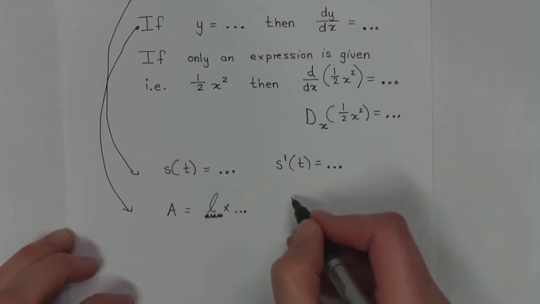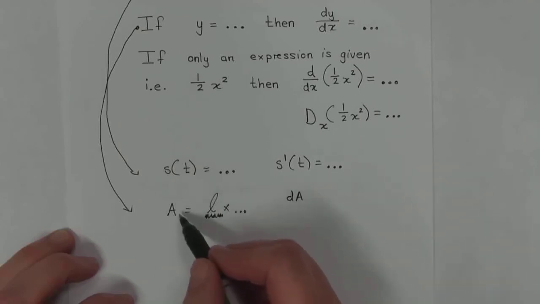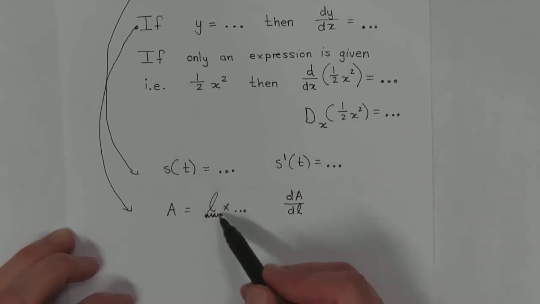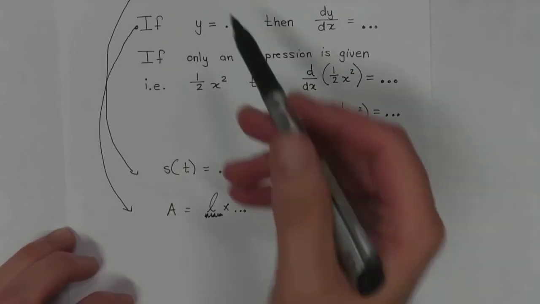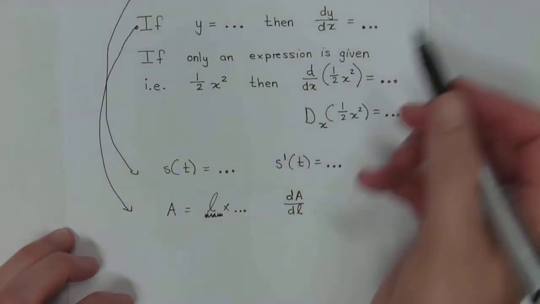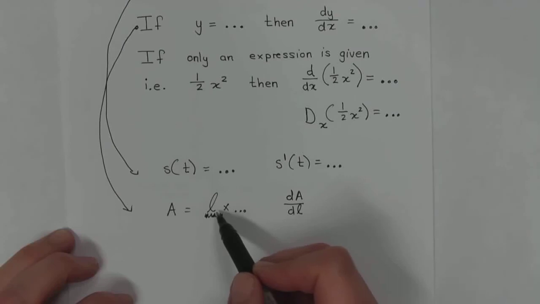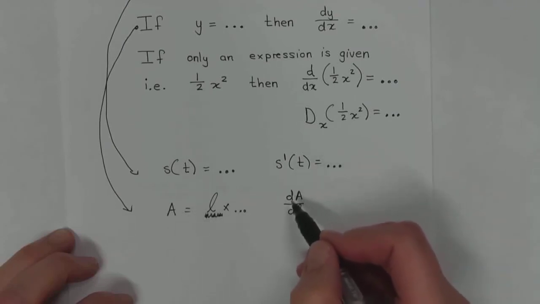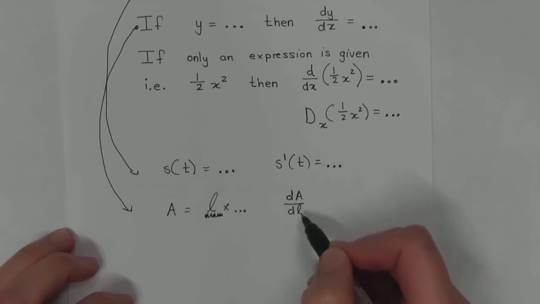When I write down the derivative, I can say it's dA, the difference of the dependent variable A, over dl, the difference in the independent variable. So instead of having y and x, we now have A and l as our two variables, and therefore I will find dA, the difference in A, over the difference in l.